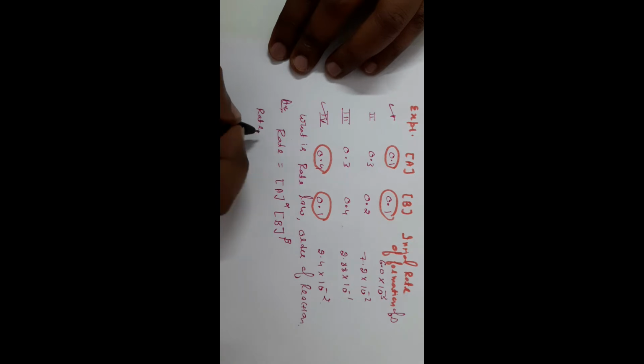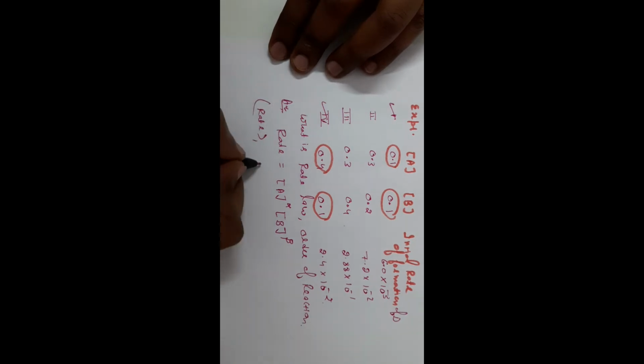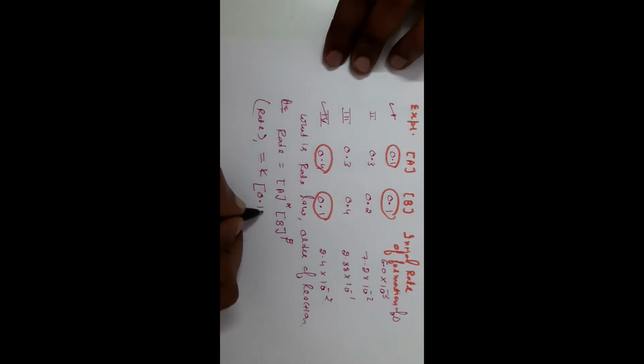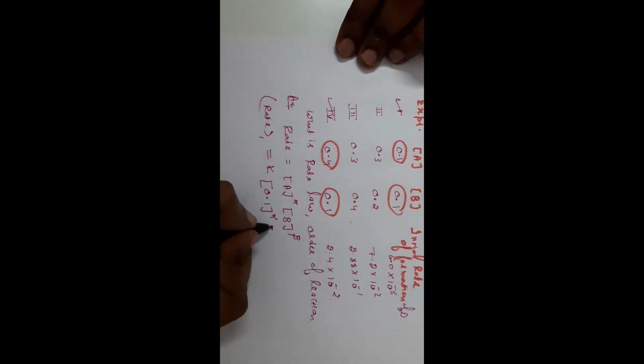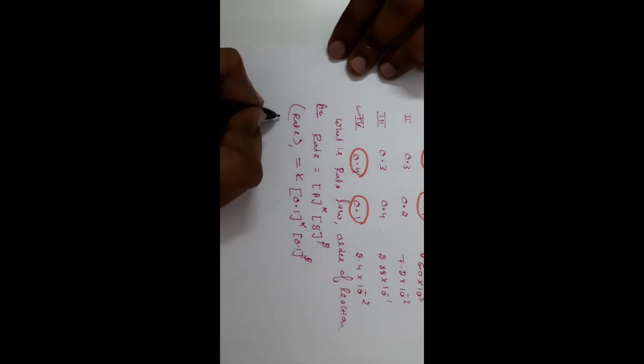Rate 1 is equal to K, concentration of A for experiment 1, 0.1 raised to power alpha, and the concentration of B, again 0.1 raised to power beta. Is that clear? Now we have to write for rate 4.